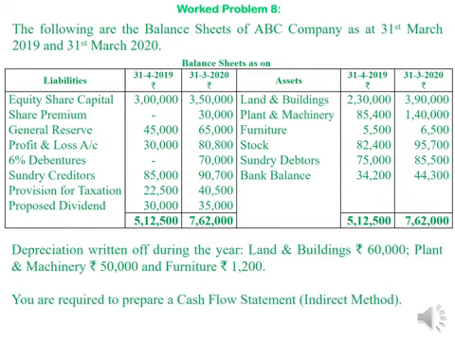Additional information: depreciation written off during the year on land and buildings rupees 60,000, on plant and machinery rupees 50,000 and on furniture rupees 1,200. You are required to prepare a cash flow statement as per indirect method. So this is the problem given.